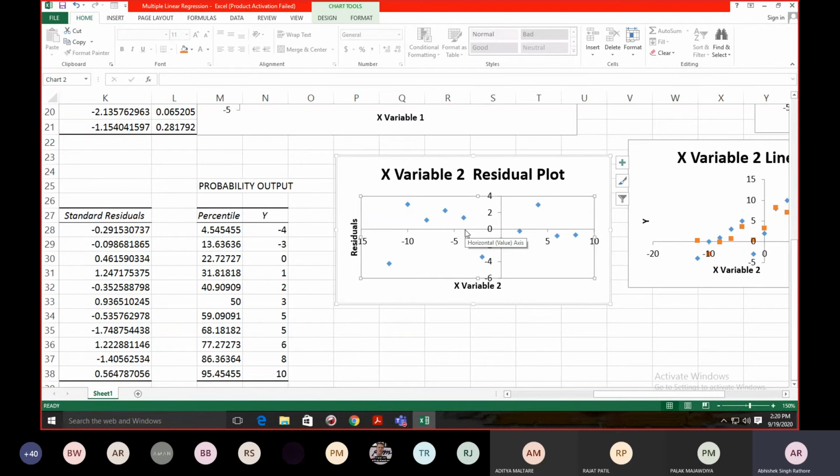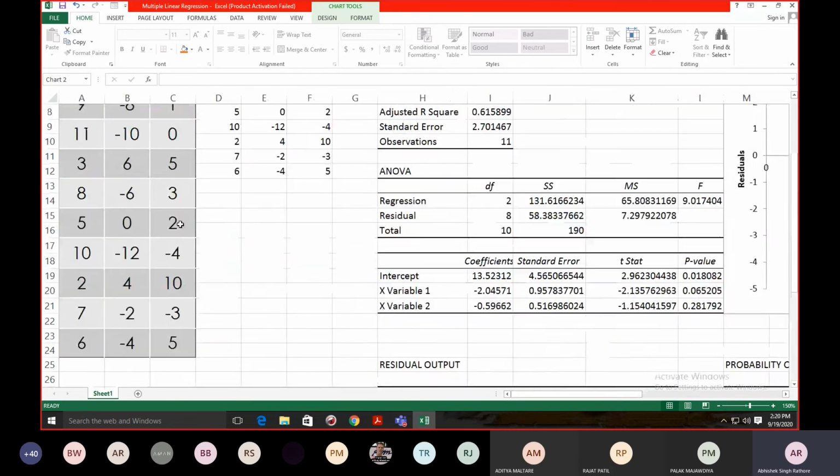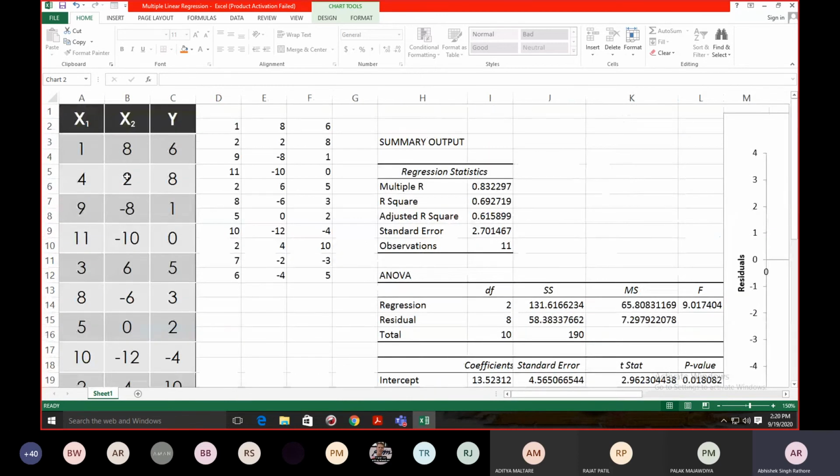So from all these residuals, you can check whether different variables have significant values associated with your particular model or not. You can go for different residual plots and check whether you have a good model or a bad model. You can take this type of data, plot your residual plots, and again check whether it is good or not.